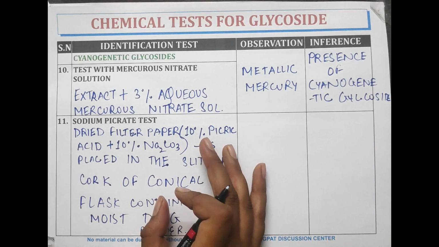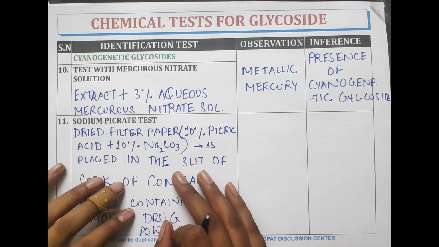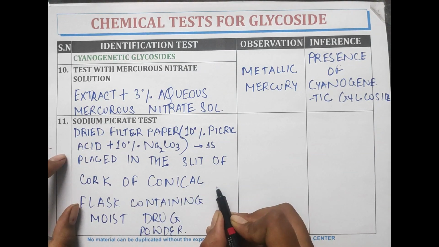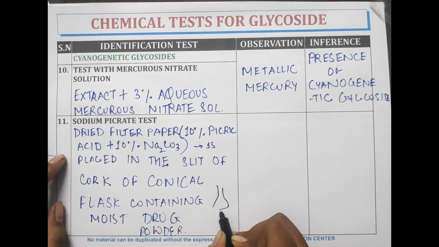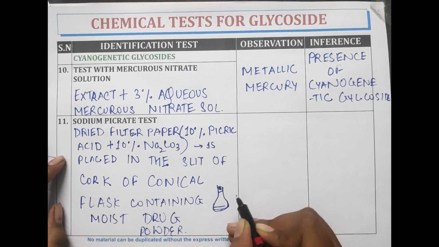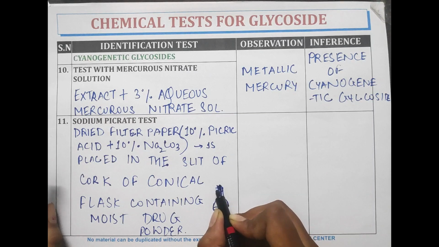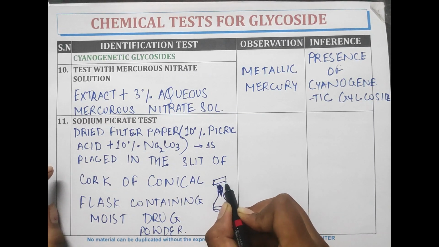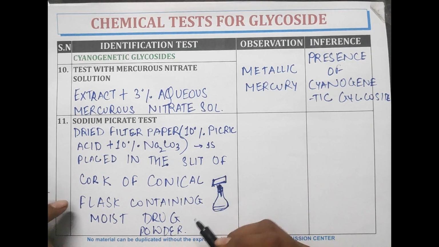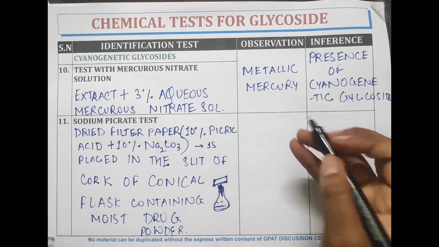A dried filter paper already wet with 10% picric acid and 10% sodium bicarbonate is taken and is placed in the slit of cork of conical flask. This is the conical flask and this is the cork. In the gap of this cork, a dried filter paper is kept, and the flask contains moist drug powder.